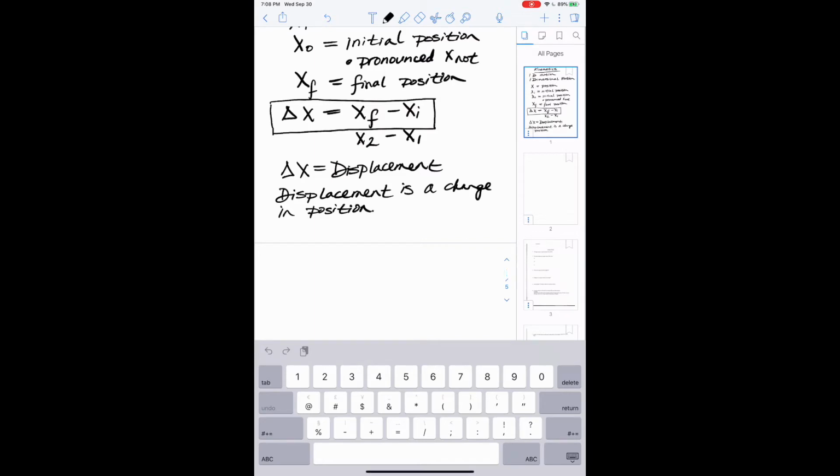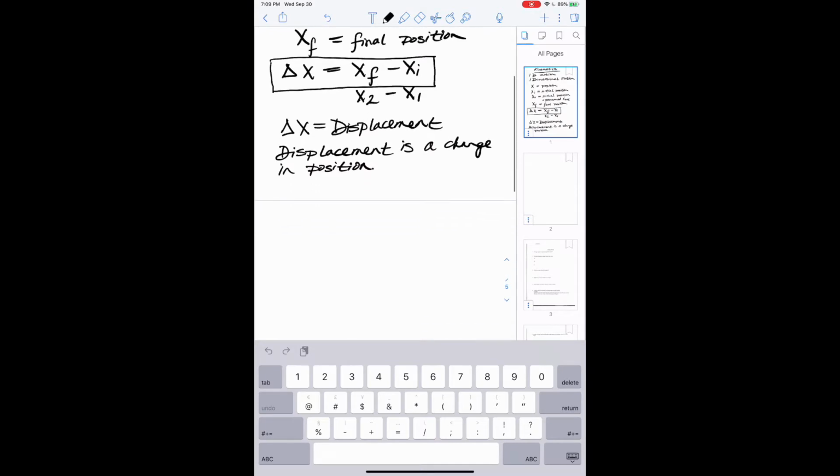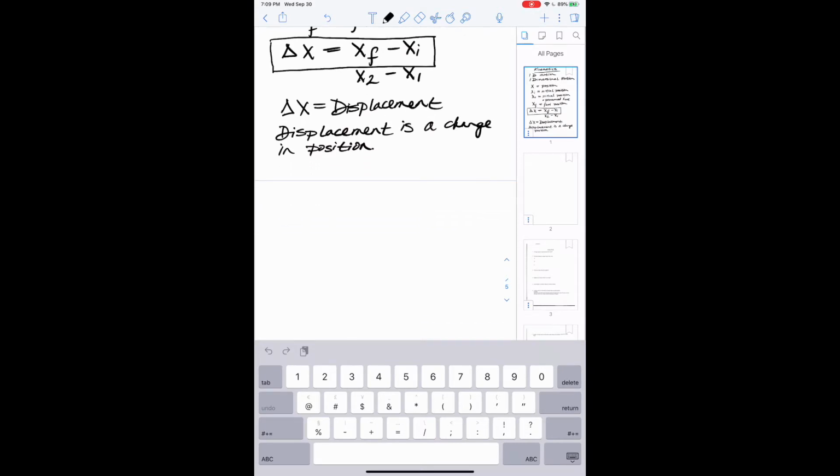Okay, so other things to note there. I would just say that displacement is a vector. So we can describe it as, sometimes write it with the vector symbol above it, this arrow over its head.